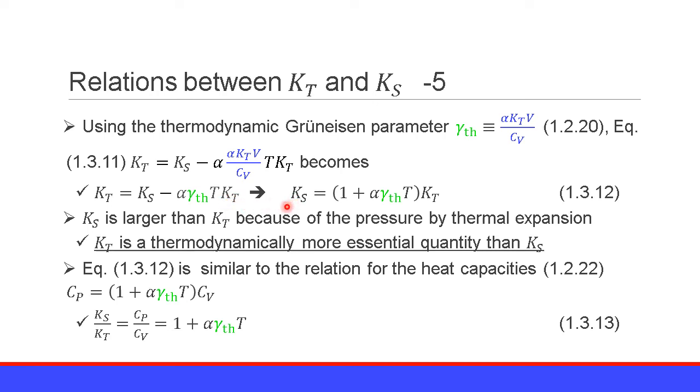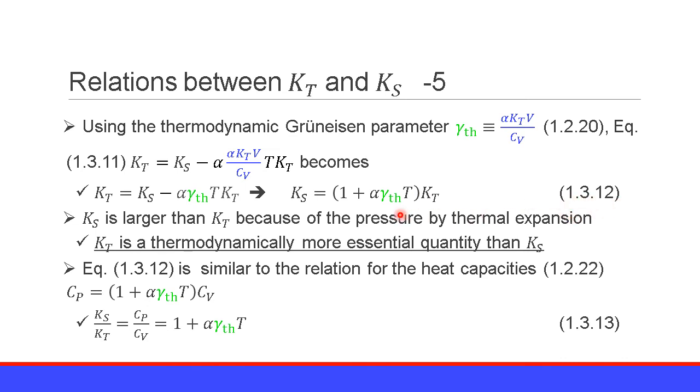Then, this leads to the adiabatic bulk modulus Ks equal to 1 plus alpha gamma th T times Kt, equation 1.3.12.